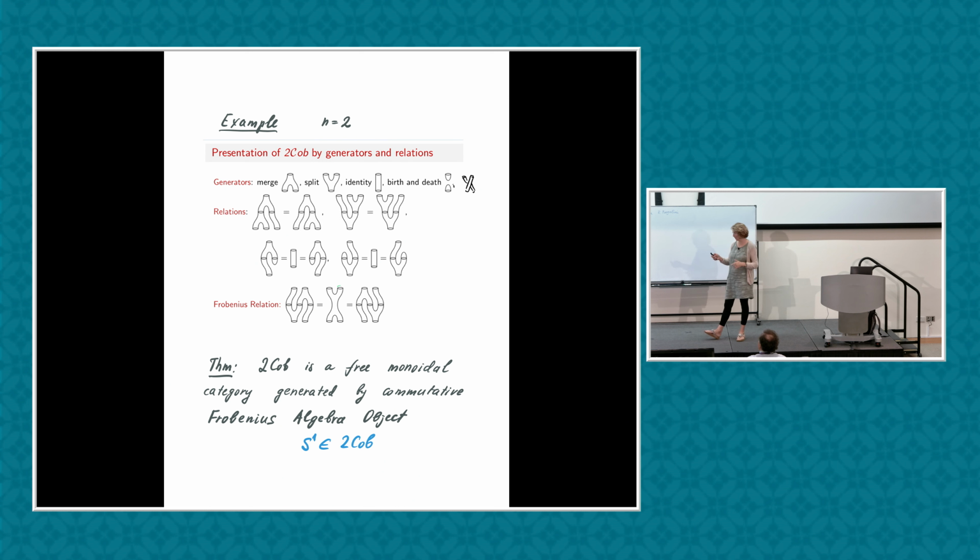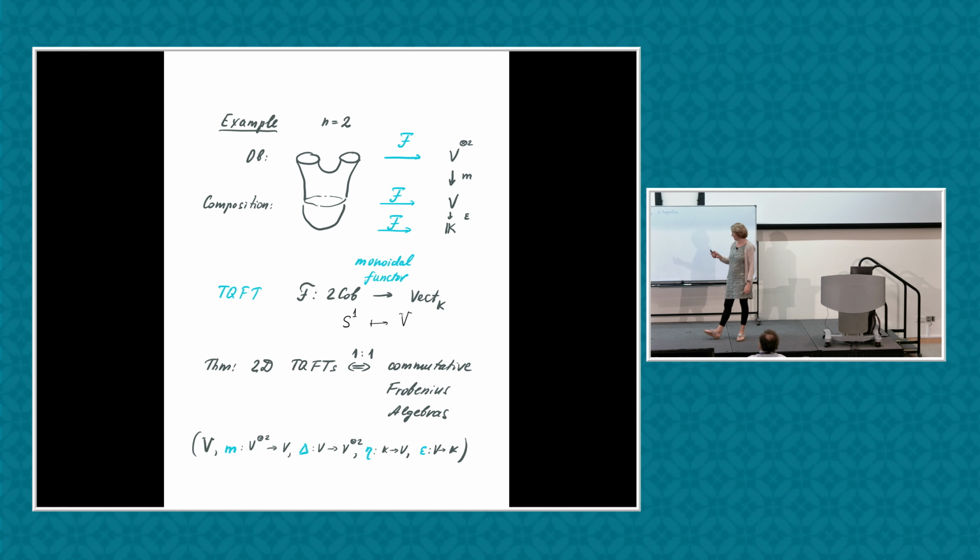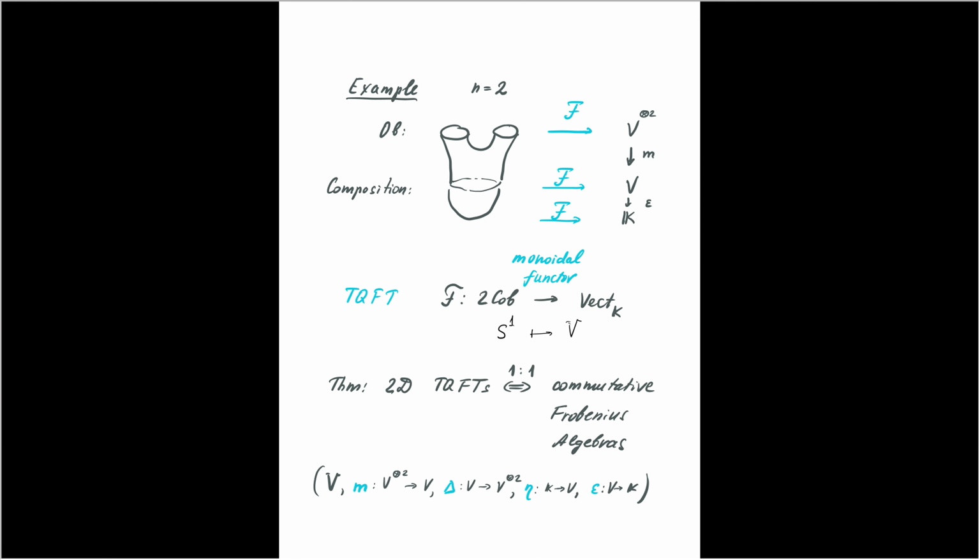The statement also classifies all 2-dimensional TQFTs, meaning all monoidal functors from 2-cob to vector spaces: any such functor sends the generating object, S1, to a vector space with multiplication, co-multiplication, unit and co-unit satisfying the relations we have seen before. So TQFTs are in one-to-one correspondence with commutative Frobenius algebras.